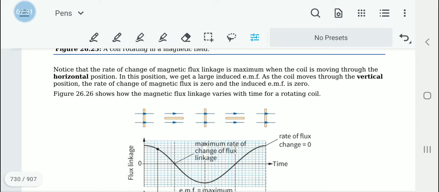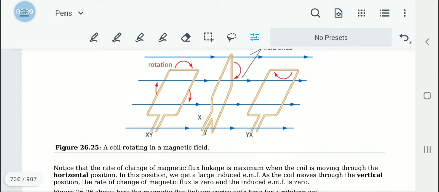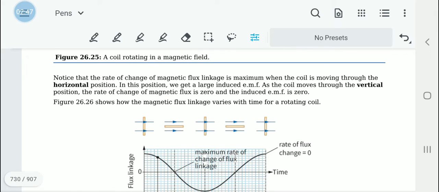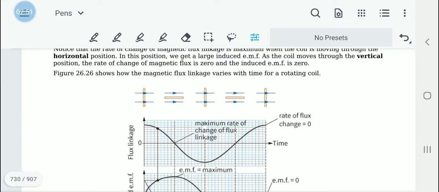We get a large induced EMF because it is going through all of the magnetic field lines. When it is in a vertical position, magnetic flux is zero and the induced EMF is going to be zero.